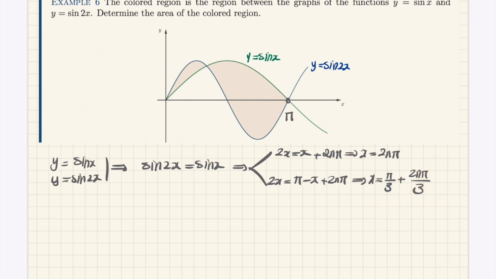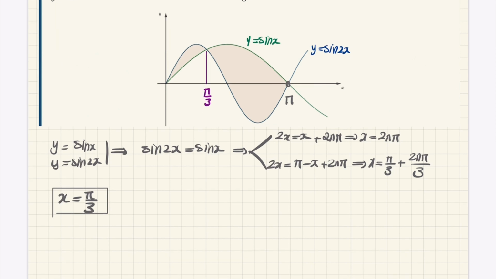And if I put 1, it becomes pi, which is of course correct because pi is also an intersection point. So you realize, hopefully, that x equals pi over 3 is the number that you are looking for. Agree? Everyone agrees? Okay, so here we realize that this point is pi over 3.